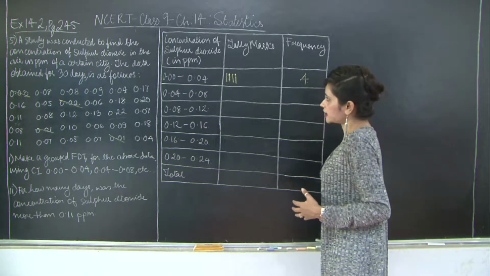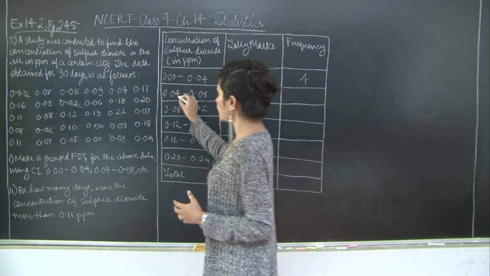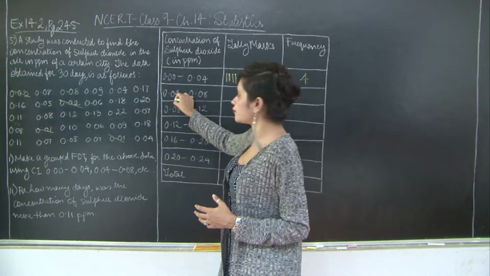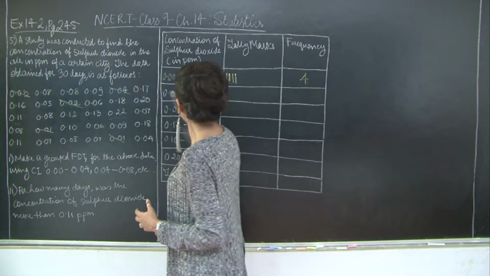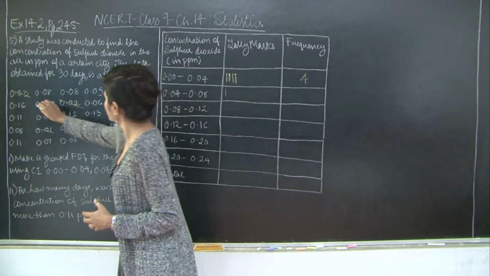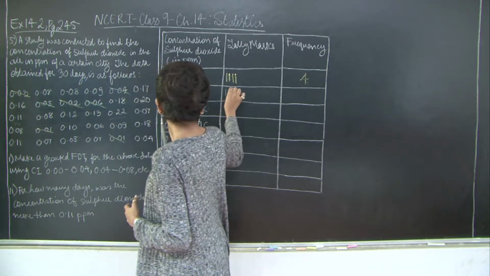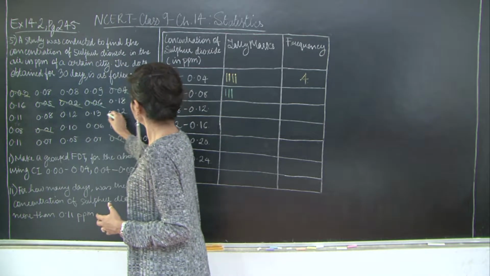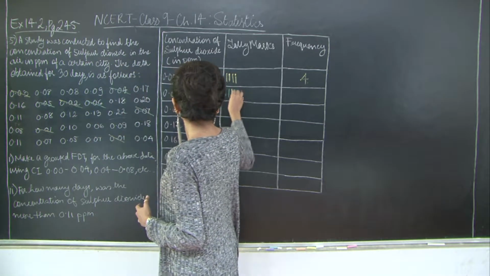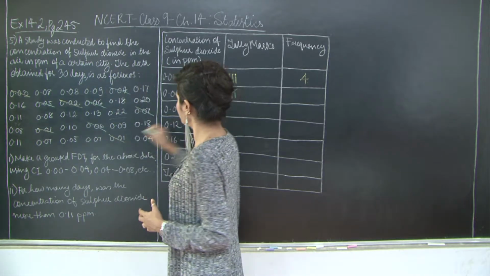Let's proceed with the second category, that is 0.04 to 0.08. So all values greater than or equal to 0.04 and less than 0.08. So you have 1, 2, 3, 4, and 5.